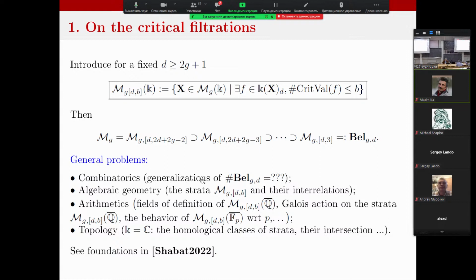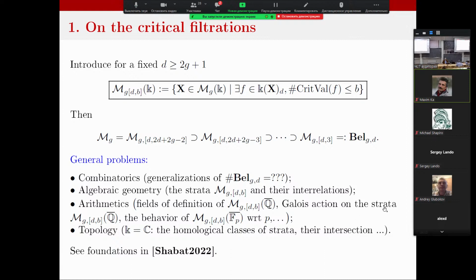Now, as for algebraic geometry, all this bunch of sets carry the structure of quasi-projective manifolds. And there are lots of questions about them. We'll specify some. Now, as for arithmetic, it is maybe not so clear in this audience. So I briefly say that all the strata are defined over the fields of algebraic numbers, and there is a question exactly over which.